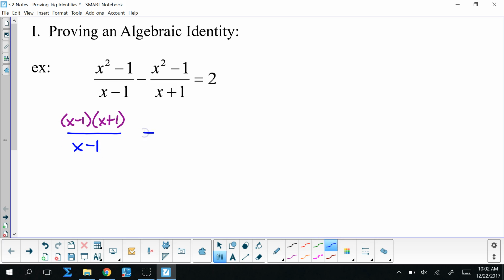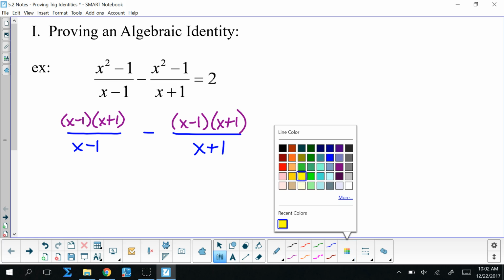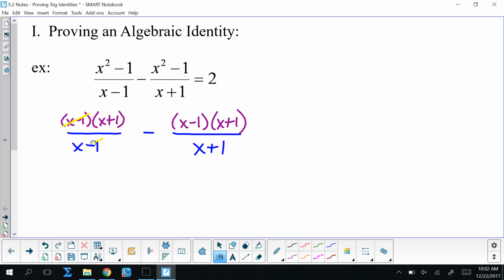In this second fraction, x squared minus 1 is x minus 1 times x plus 1. Just did some factoring on the squared terms. Then, that's going to allow me to say that this x minus 1 cancels out that x minus 1.